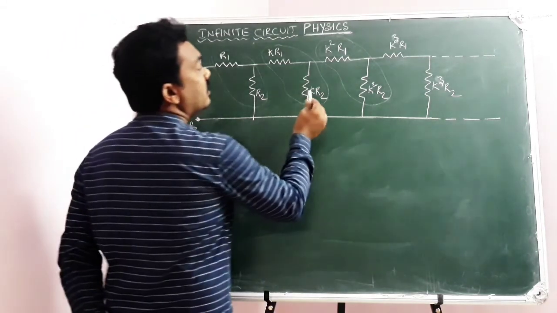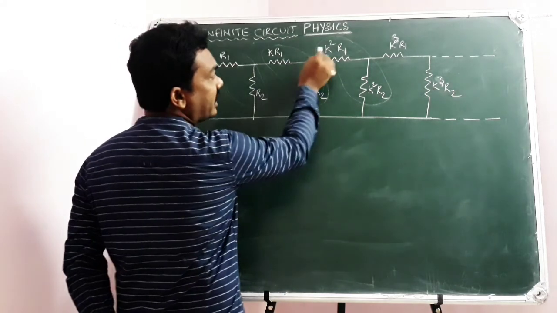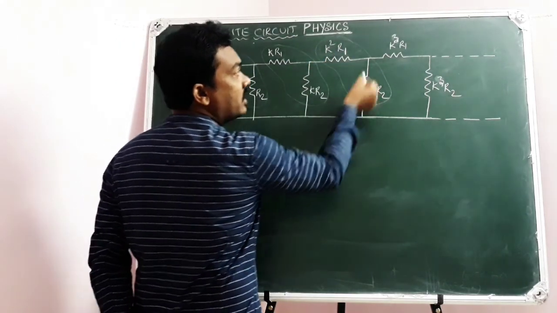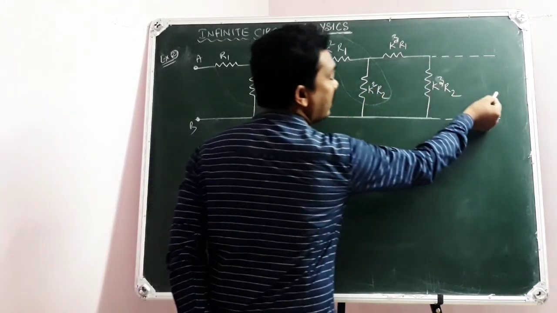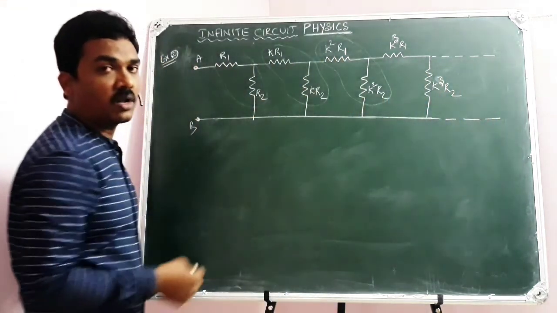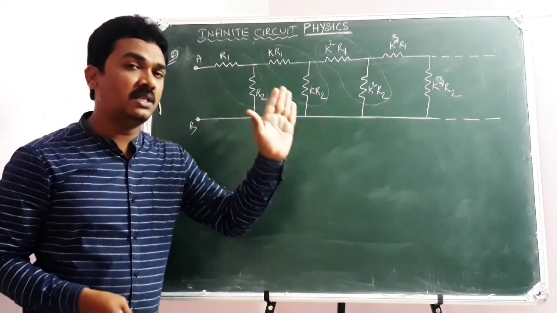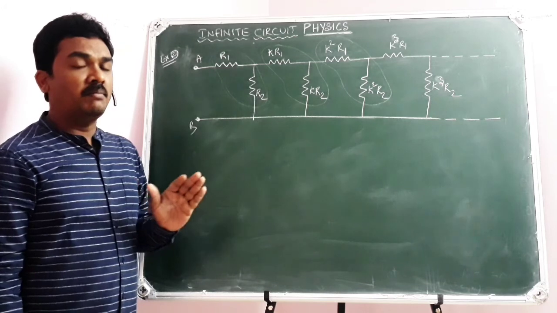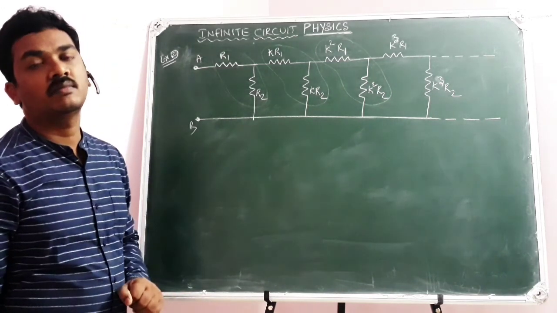So here this is R1, R2, and here it is KR1, KR2, here it is K square R1, K square R2, then here it is K power 3 R1, K power 3 R2. So next one will be K power 4 R1, K power 4 R2. Means each and every successive element is obtained by multiplying the just earlier element with K times.